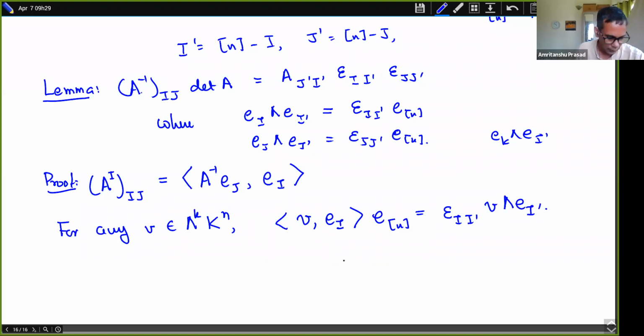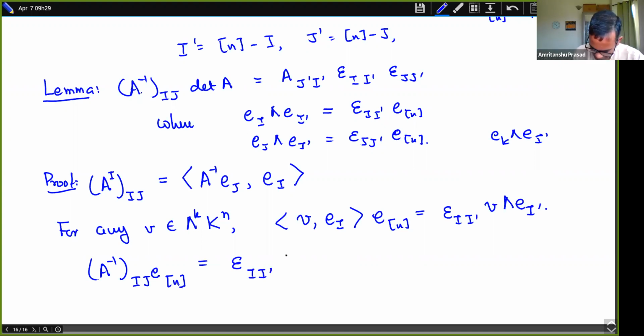And so what we get is, let's say, A inverse Ij En is equal to epsilon I prime A inverse Ej wedge I prime.